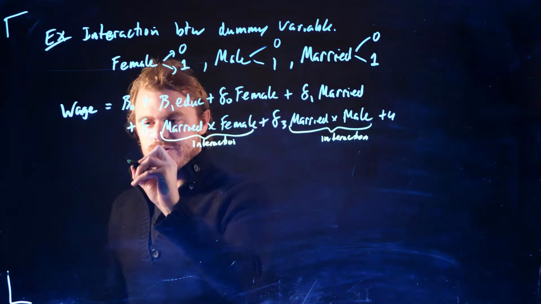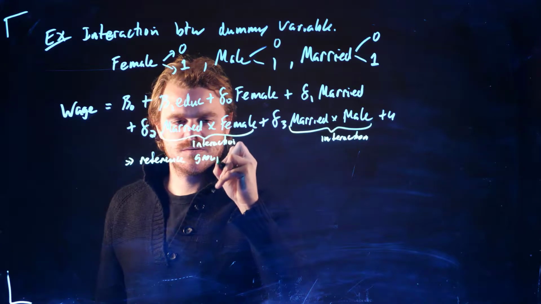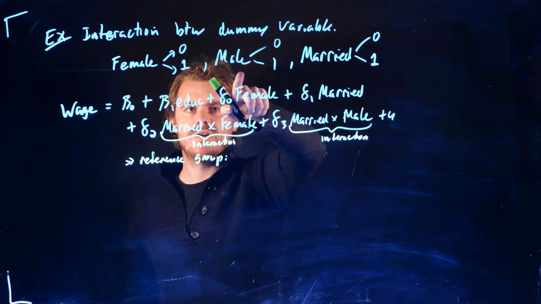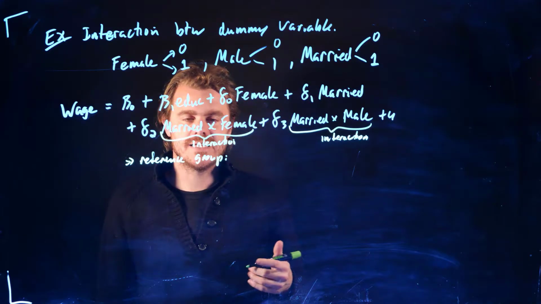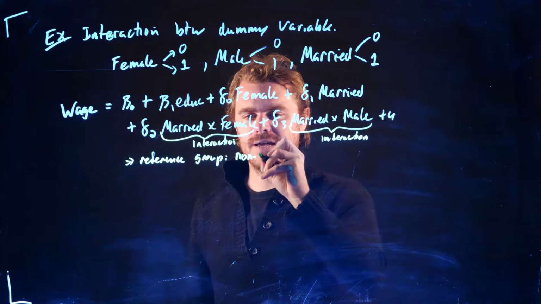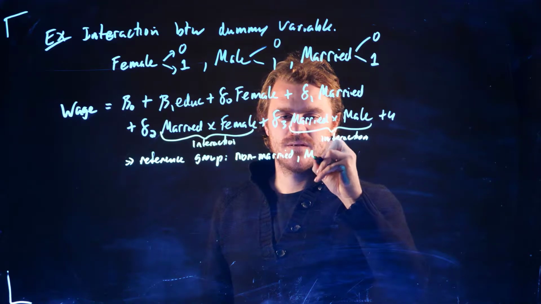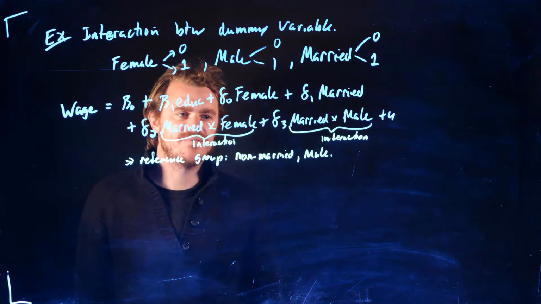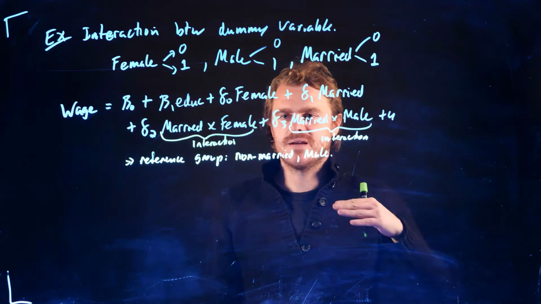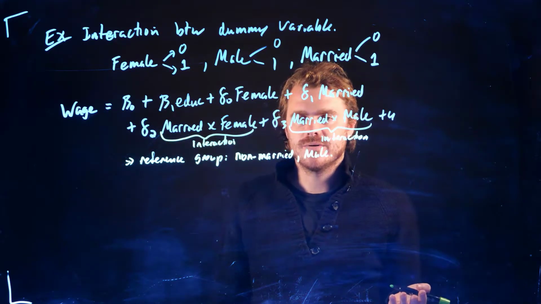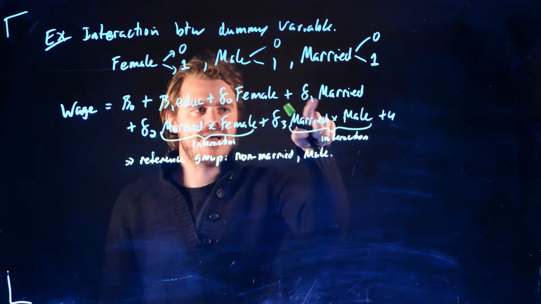Before we go any further, the reference group, assuming that people either identify as male or identify as female, if they have to identify as one of the two in our data set, would be non-married individuals who identify as male. To think about our reference group, we need to think about which group we're leaving out, and having all of these effects shut down.